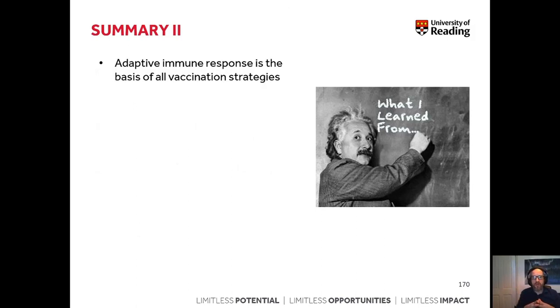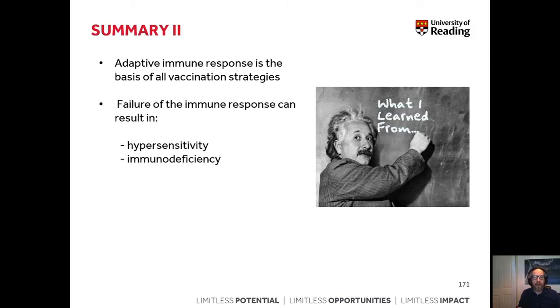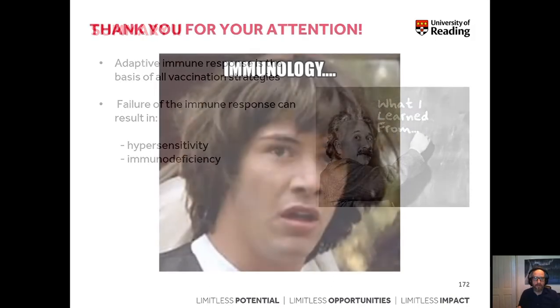Adaptive immune response is also the basis of all vaccination strategies, although the approaches to vaccination can be slightly different. The failure of the immune response can result in hypersensitivity and immunodeficiency.